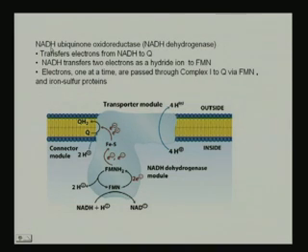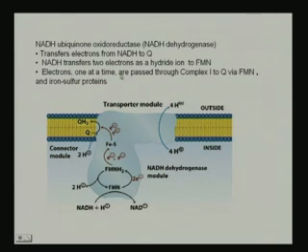Now, see here, this NADH ubiquinone oxidoreductase, that is NADH dehydrogenase, transfers this electron from NADH to Q, that is ubiquinone. NADH transfers 2 electrons as a hydride ion to flavin mononucleotide.